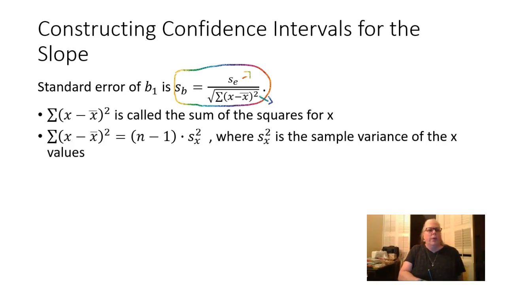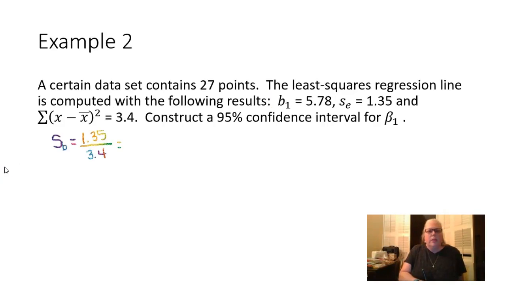Yes, we do. Okay, hang on, I forgot to square root that. All right, let's try this again. We have 1.35 divided by the square root of 3.4, and that's going to give us 0.7321.